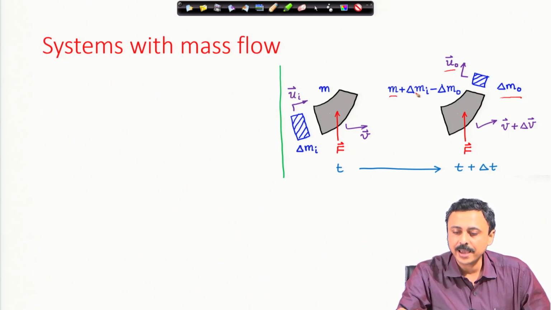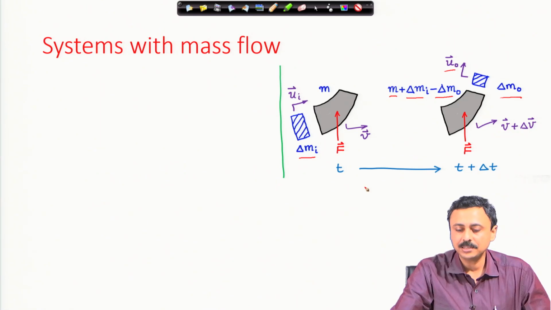The initial mass was m, it took in this delta m_I mass, and it ejected this delta m_o. Therefore, m plus delta m_I minus delta m_o is the current mass of the system after all these processes have taken place.